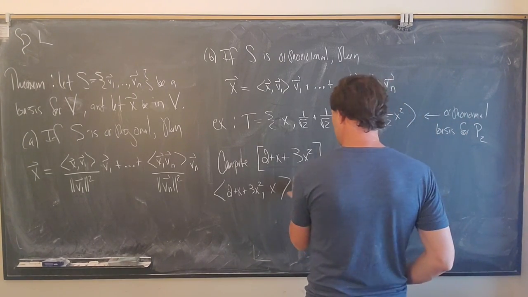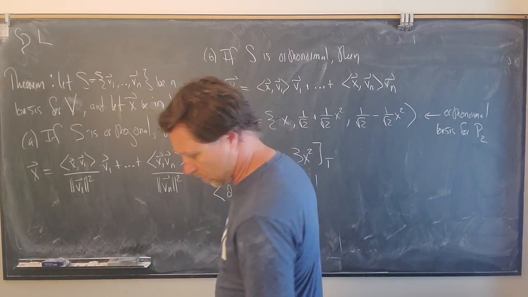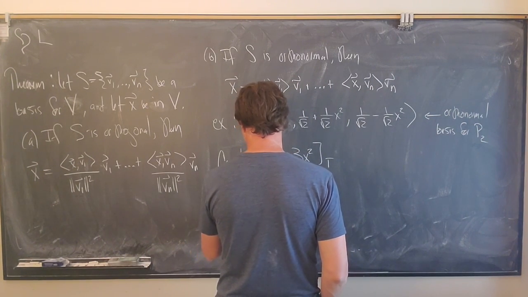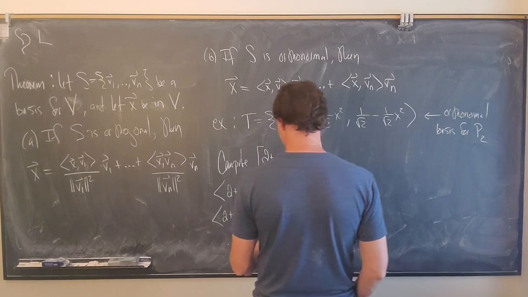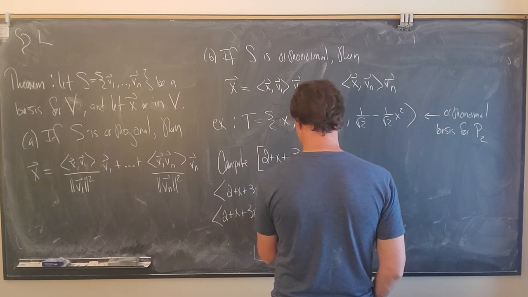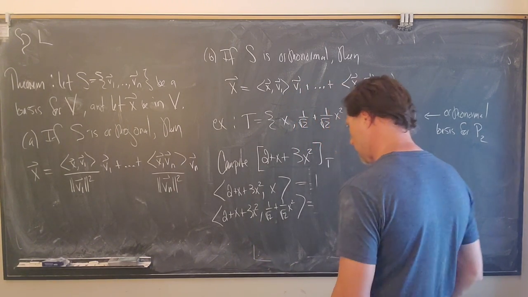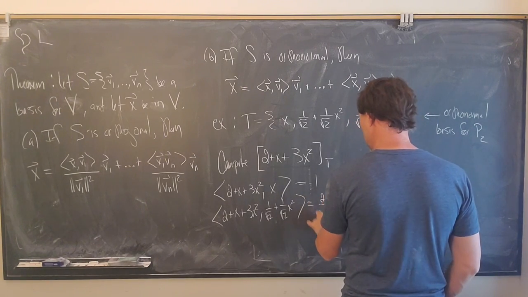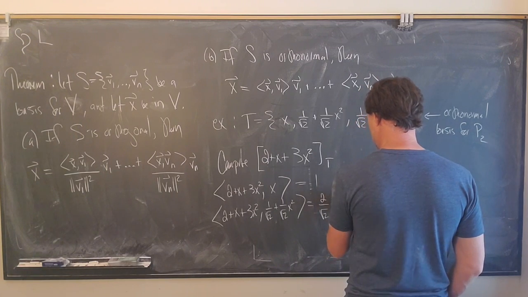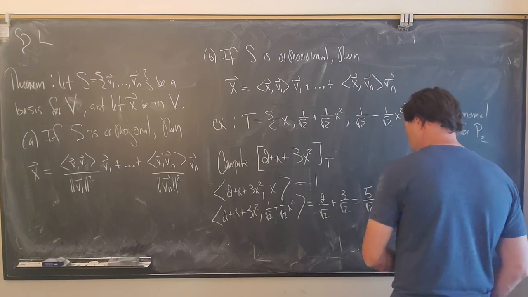So the inner product here, that's equal to 1. Okay, so next we want to do 2 plus x plus 3x squared inner product with 1 over root 2 plus 1 over root 2 x squared. That's going to be 2 over root 2 plus 3 over root 2, so that gives us 5 over root 2.